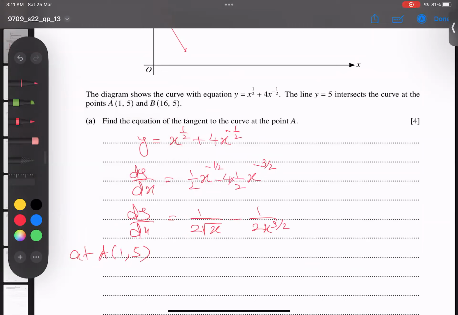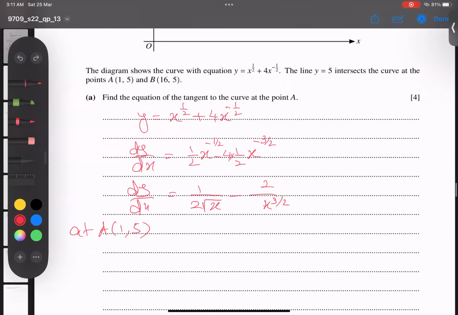So in this case, the 2 is not here, and 2 comes up. I hope the point is clear, because the negative half comes down, multiplied into 4. As I replace, I get tangent 1 over 2 minus 2 over 1, or if I type it in the calculator, what do I get? The gradient is negative 3 over 2.